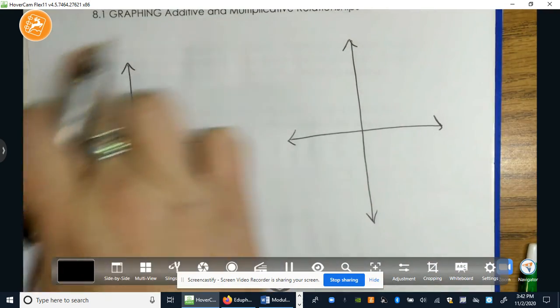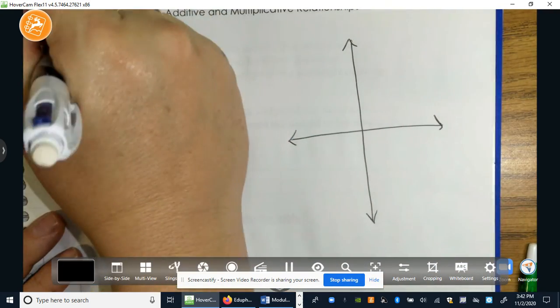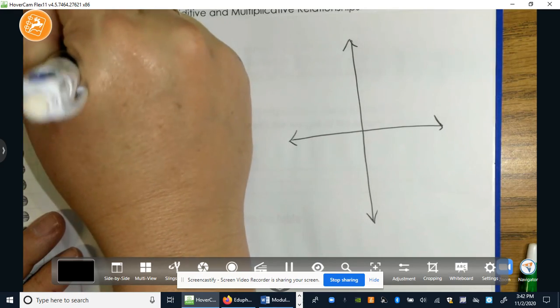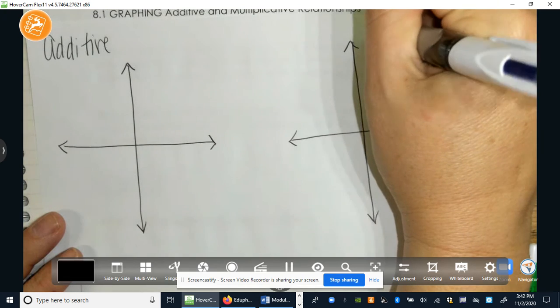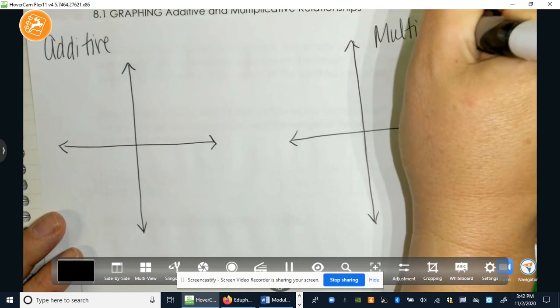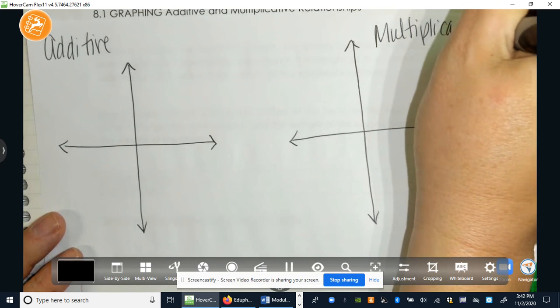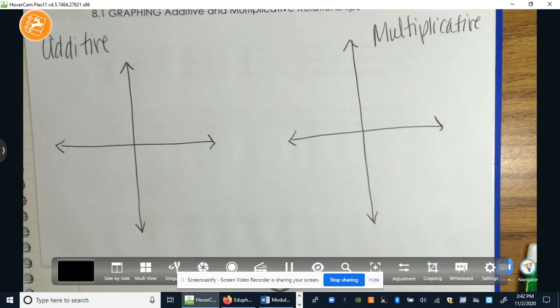Now, in this little section over here, we're going to work additive, making this one multiplicative. And I'm going to draw some lines, and I'm going to show you which one would be additive and which one would be multiplicative.